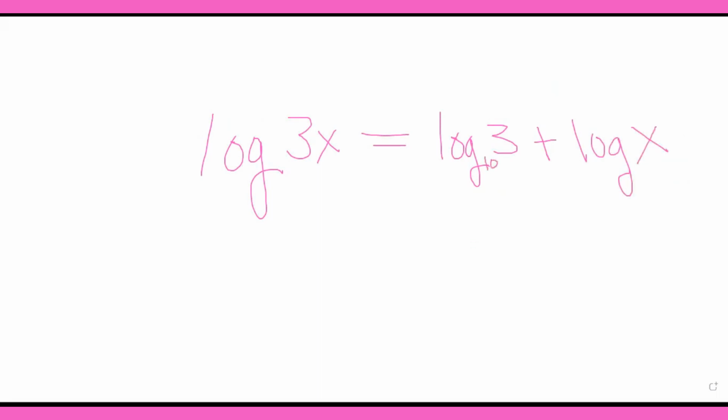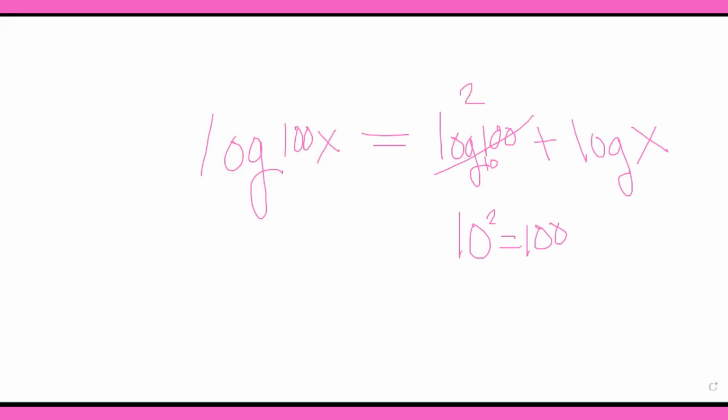Log base 10 of 3, that's not really a nice answer, but let's say it were 100, right? That would be a nice, easy answer. Log base 10 of 100x, well then I could separate that into log base 10 of 100. I know 10 to the what? The log equals the exponent. 10 squared equals 100. So this whole part becomes 2.